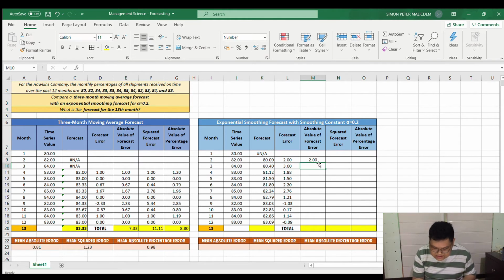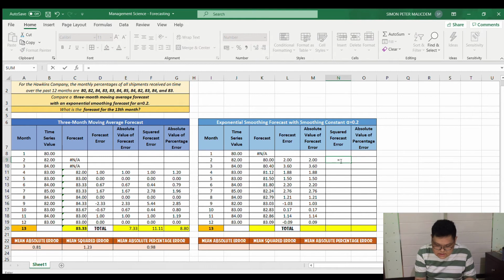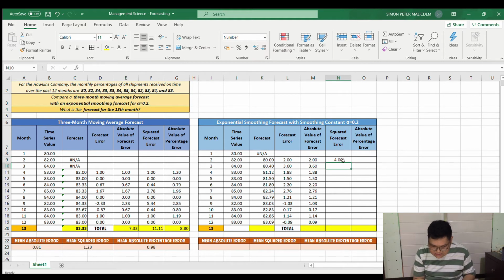Click Enter. Drag the corners to the 12th month. Okay? So, next squared forecast error, which is the power, equals power, open parenthesis, 2, with the power of 2. Click Enter.